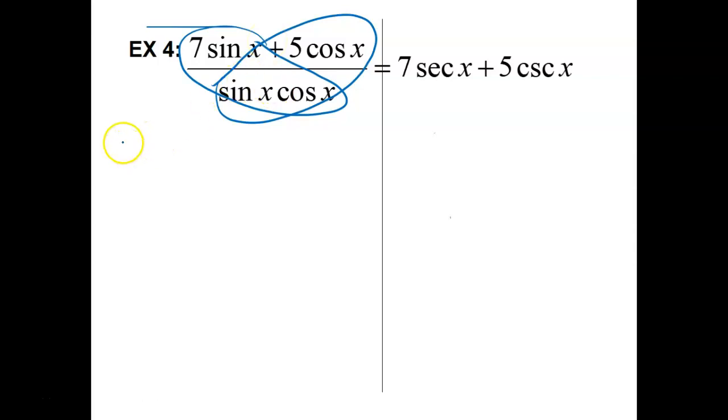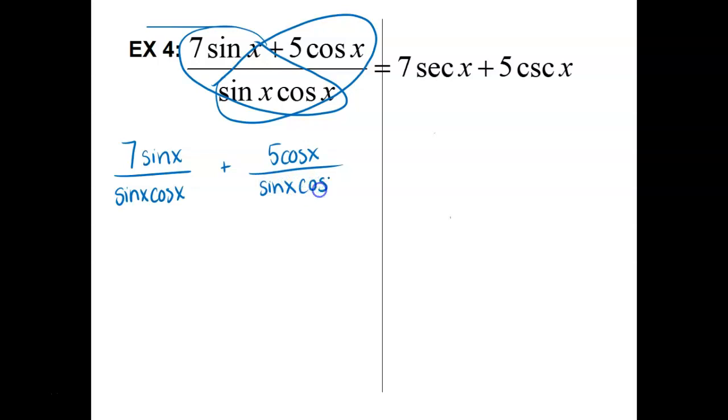So I could write this as, this only works anytime, but it's better whenever you don't have a plus or minus sign in the denominator. So 7 sine of x over sine x cosine x plus 5 cosine x over sine x cosine x.